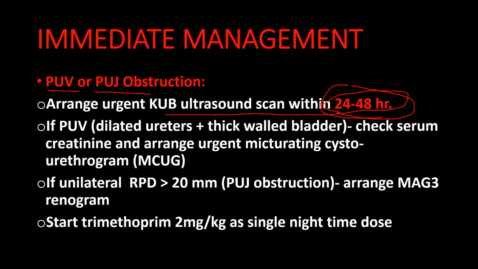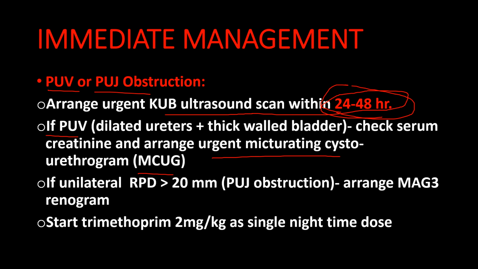a smaller amount. If it is PUV, posterior urethral valve, with dilatation of the ureters and a thick wall bladder, check serum creatinine and arrange an urgent MCUG, which is micturating cystourethrogram. So now you have two scenarios: one is PUV, the other is PUJ.